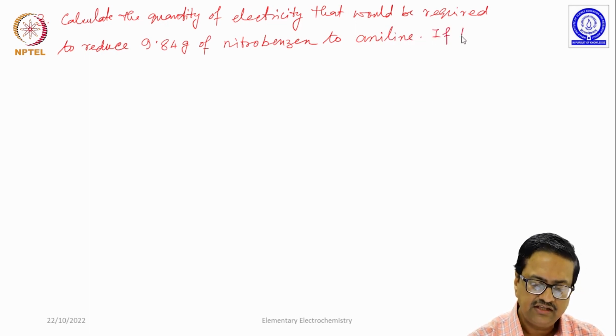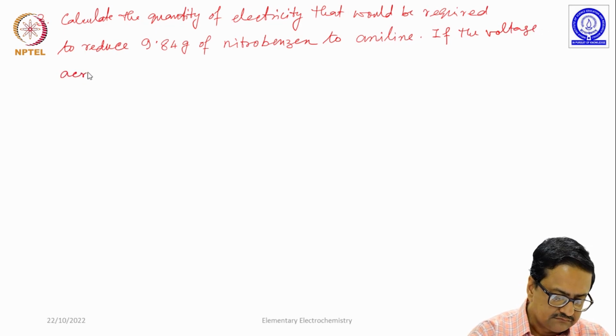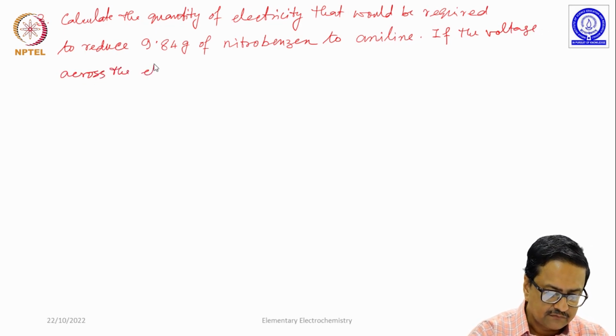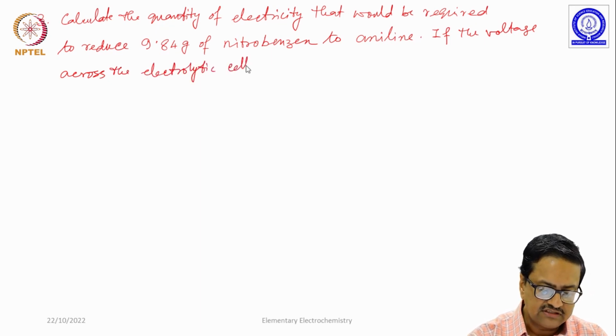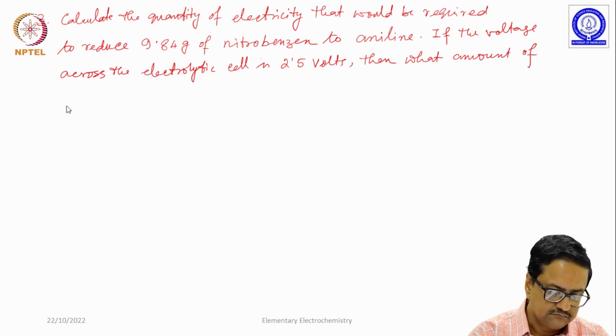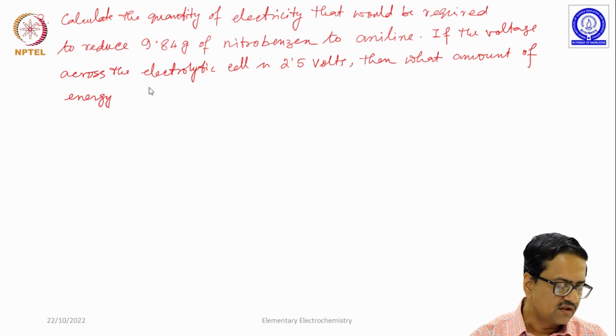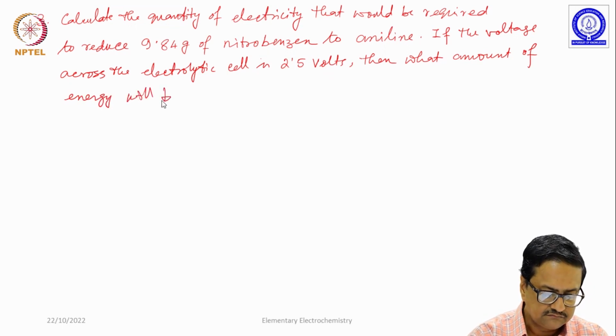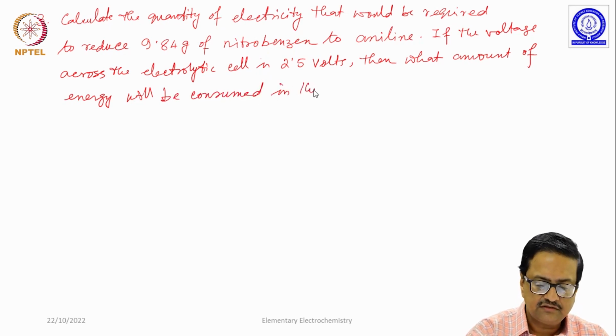And then find out, if the voltage across the electrolytic cell is 2.5 volts, what amount of energy will be consumed in the process.